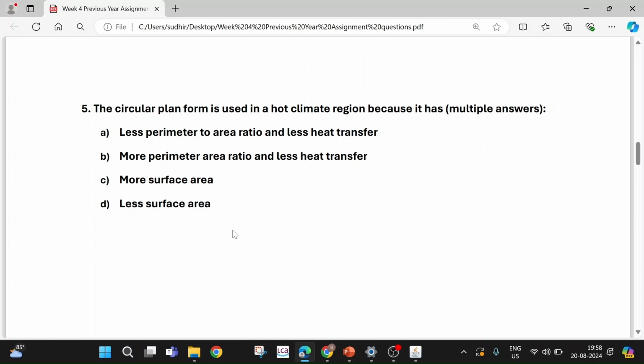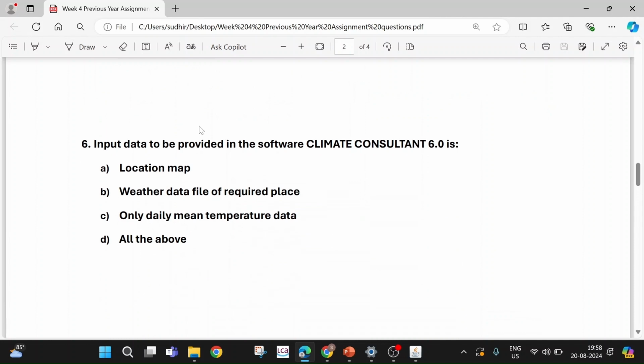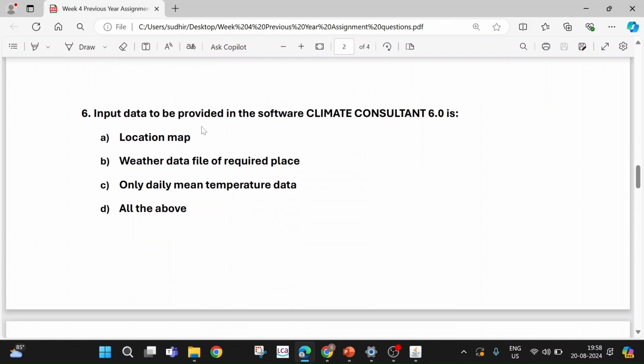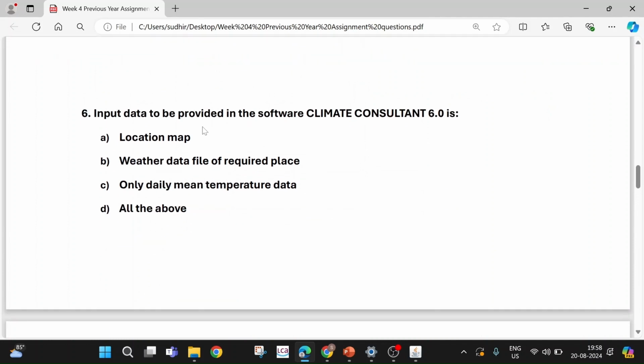Then let's move to the next question. Question number 6. Weather data file of required place.